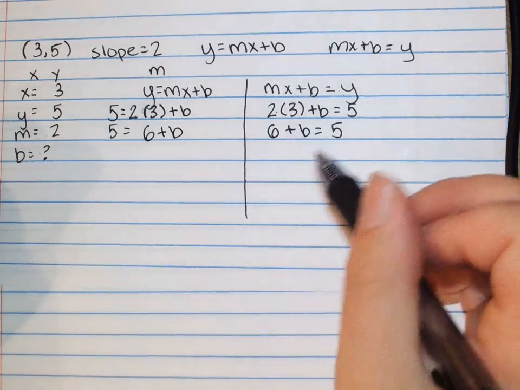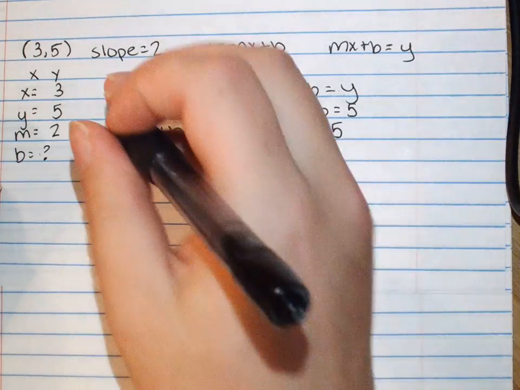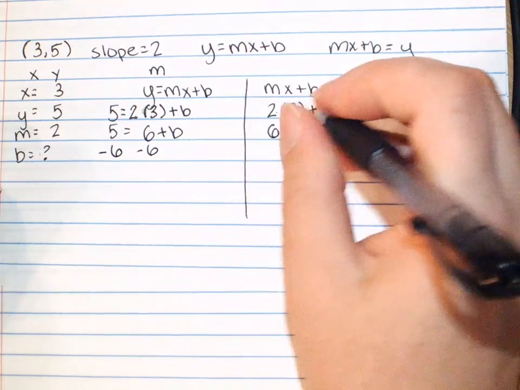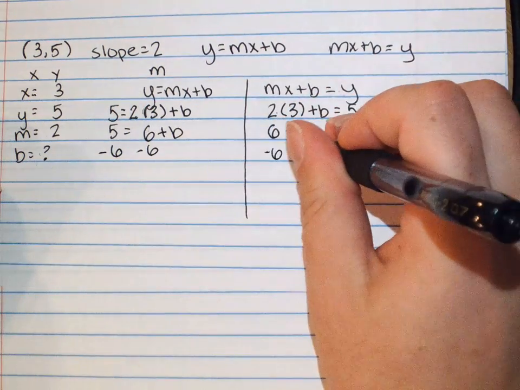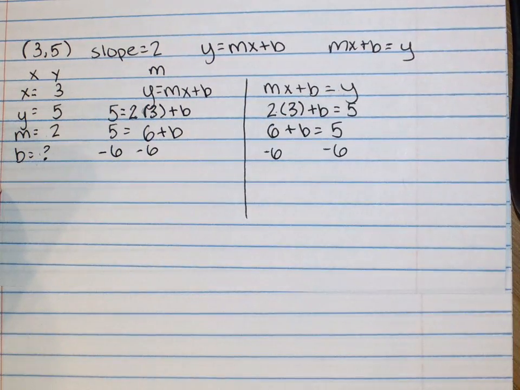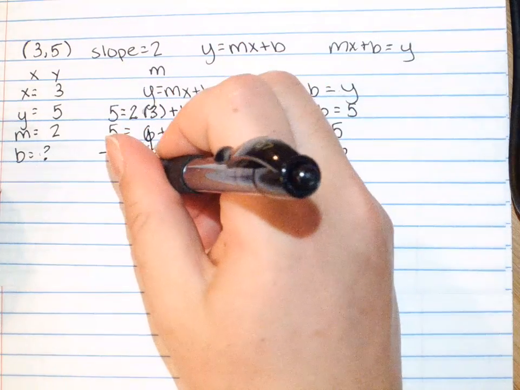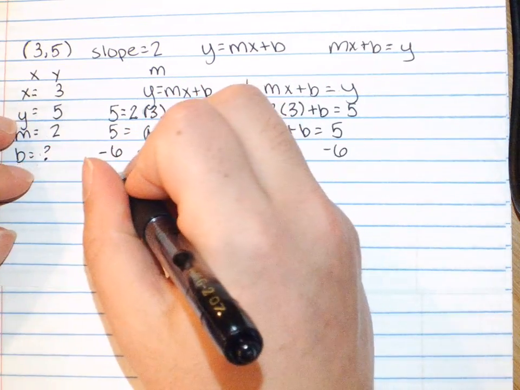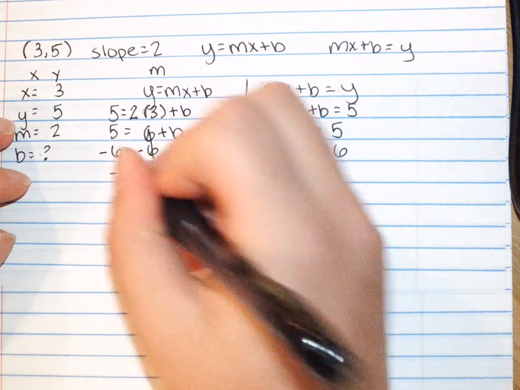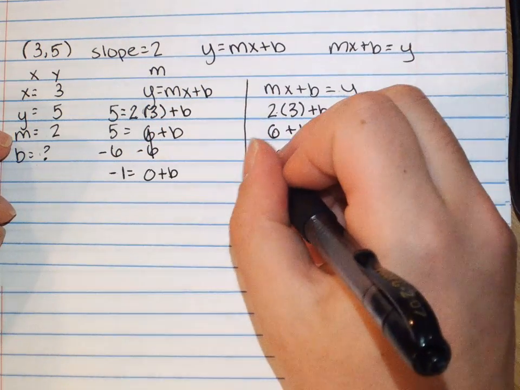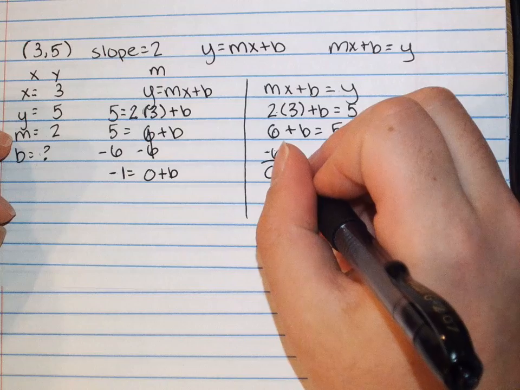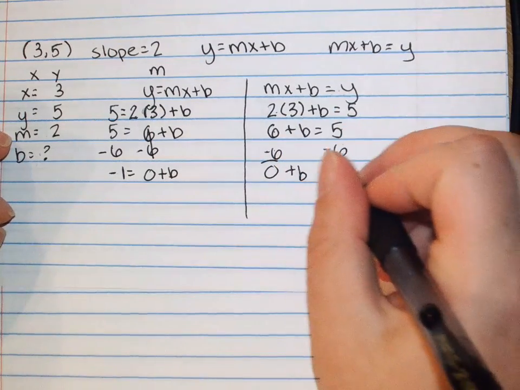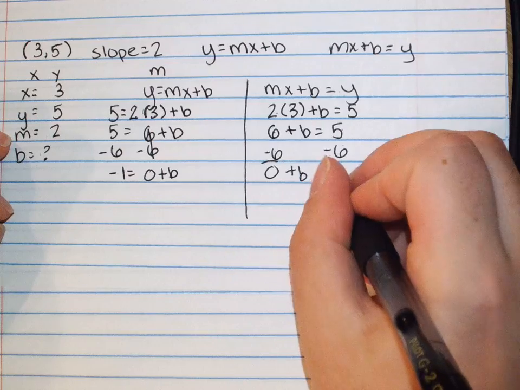I need to get b all by itself, so I'm going to subtract 6 from both sides of my equation. 6 minus 6 is 0, so this is 0 plus b. 5 minus 6 is -1. 6 minus 6 is 0. 0 plus b. 5 minus 6 is -1.